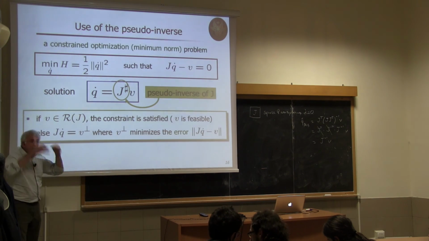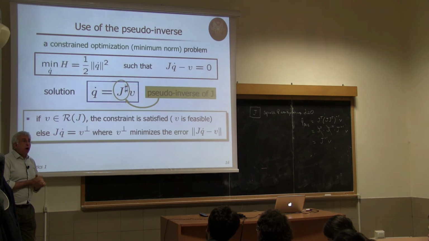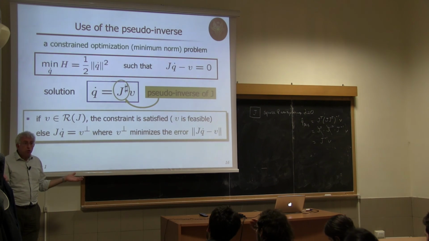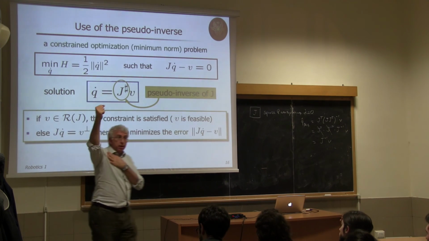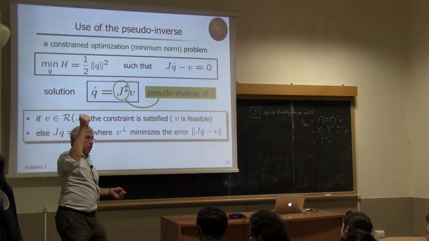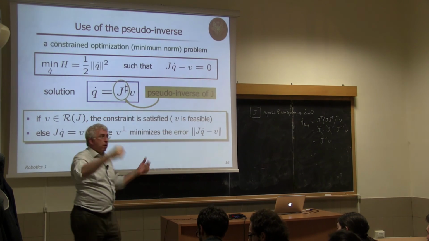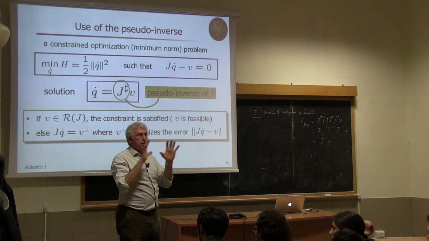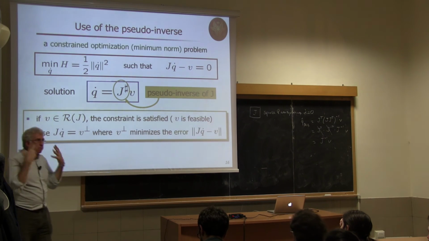And so this solution realizes this, either in the unique possible way if J is square and non-singular, or minimizing the norm of the velocity if we have multiple solutions for a non-square Jacobian of full rank. So if we have a redundant arm, like my body while moving the hand, I can move the hand in several ways, but still moving it in the same way at the Cartesian level, but moving my body differently. Well, this solution tends to move as little as possible my configuration for achieving the same Cartesian velocity. Okay, so it makes sense.